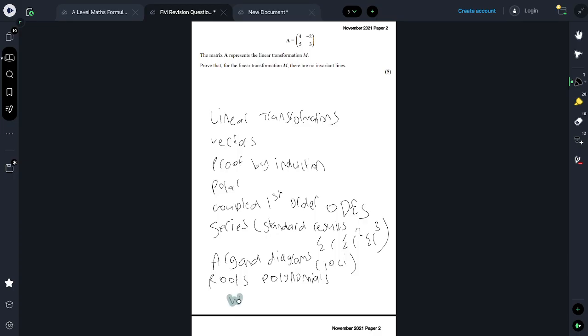Or they might ask you stuff to do with the sums of the roots and the pair products, and the products, and how that relates to the coefficients. Like minus b over a would be the sum of the roots, and so on. They might actually do some stuff with that, and we'll look at stuff like that later.